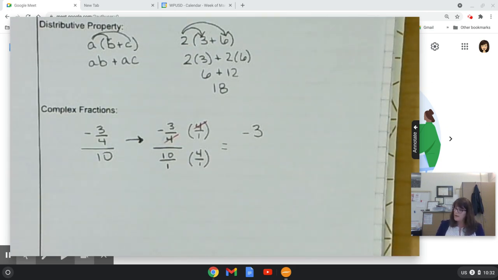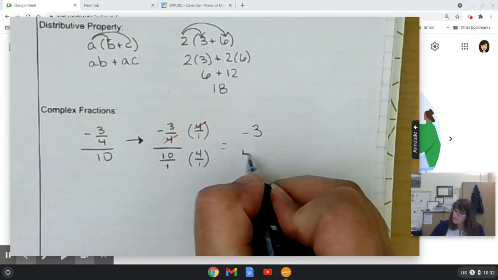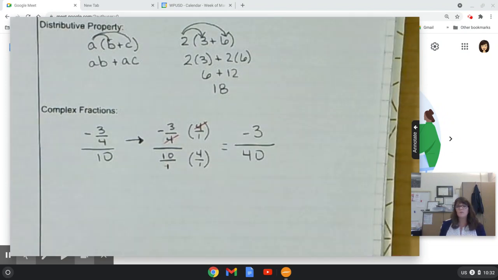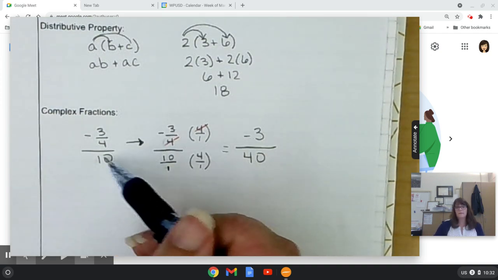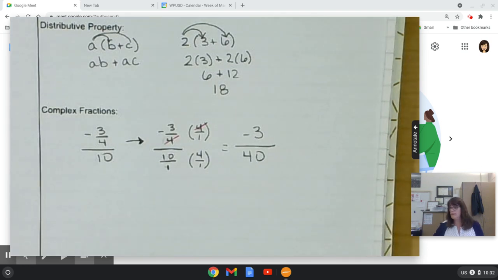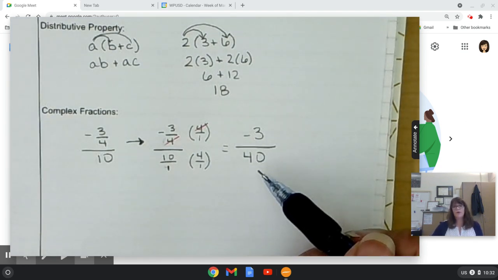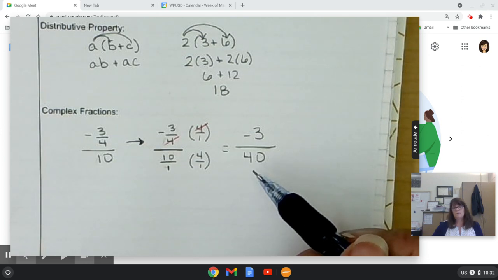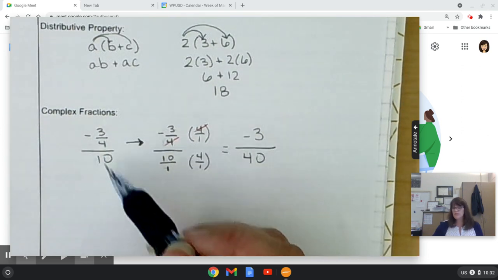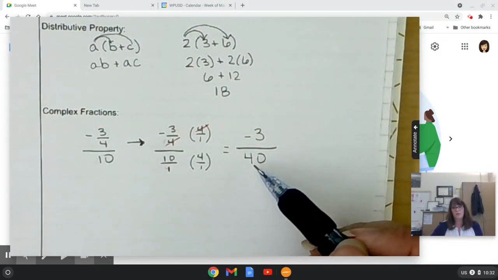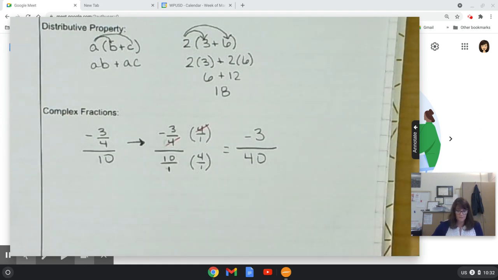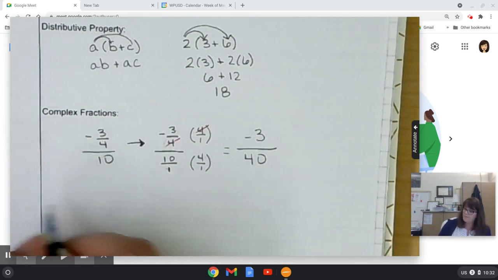Okay? The ones don't matter. 10 times 4 is 40. Boom. There you go. So the ratio that says negative 3/4 to 10 would also mean negative 3 to 40. Okay, so negative 3/4 for every 10 people, negative 3 for every 40 people. That makes sense. But let me show you another way.